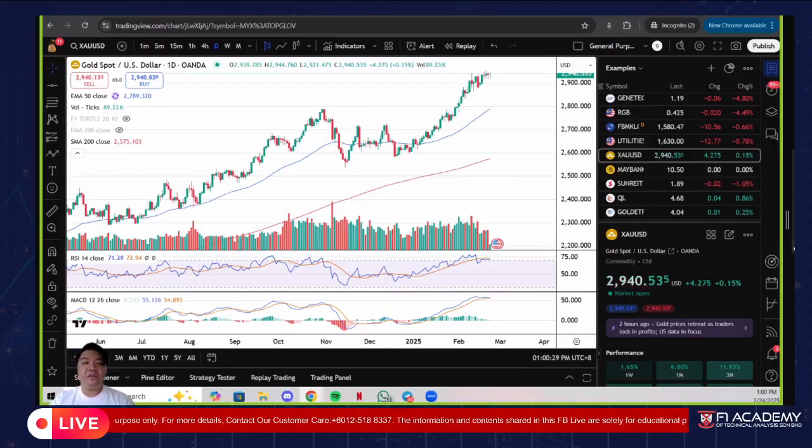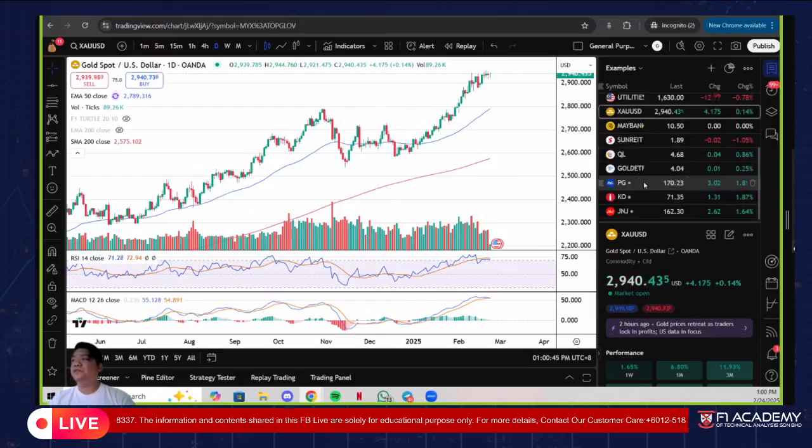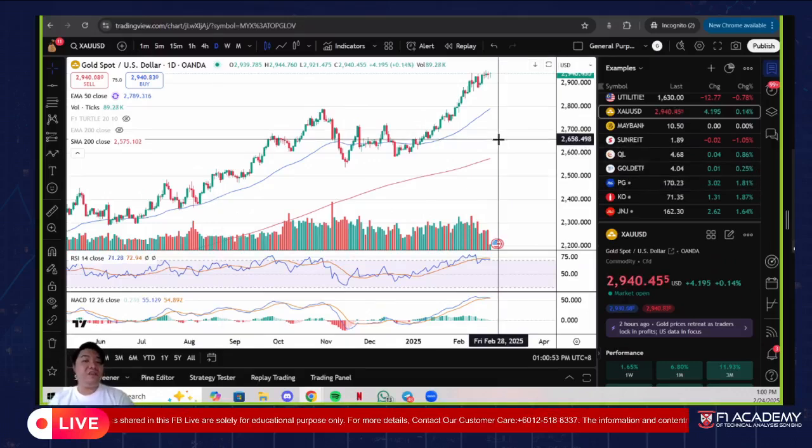Let me give you a good example to think about for a second. The point is, when the ringgit weakens, holding USD can be a hedge.